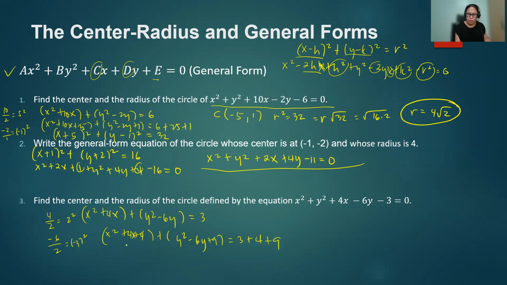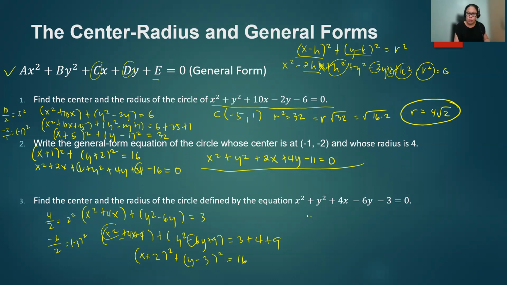The last thing that we're going to do is to factor each perfect square trinomial. That is done by extracting the square root of the first term, copying the sign of the middle term, and then extracting the square root of the last term, quantity squared. Same with the other group: square root of y squared, copy the sign of the middle term, and square root of 9, quantity squared, and then this is 16.